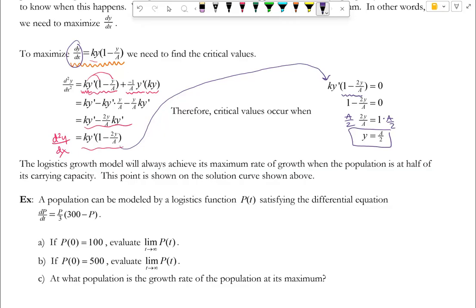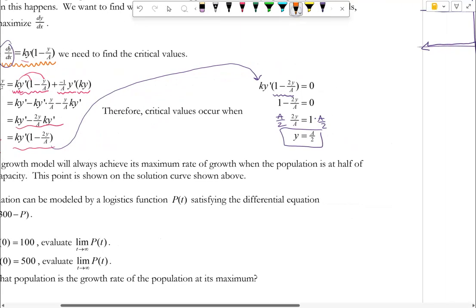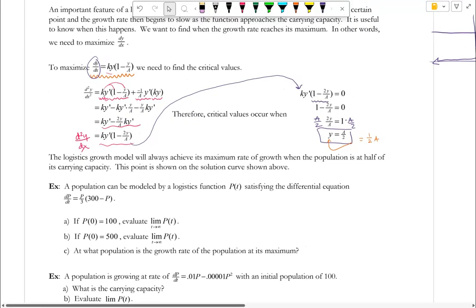So here's what we really need to know from that. We need to know that the maximum rate of growth in a logistic growth model will always occur when the population is at 1/2 of its carrying capacity. So again, y, our population here, is equal to 1/2 times the carrying capacity. And we don't actually need to take that derivative again.